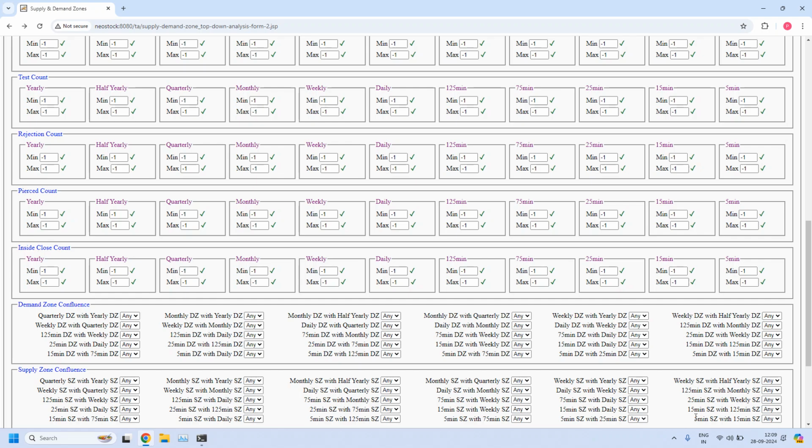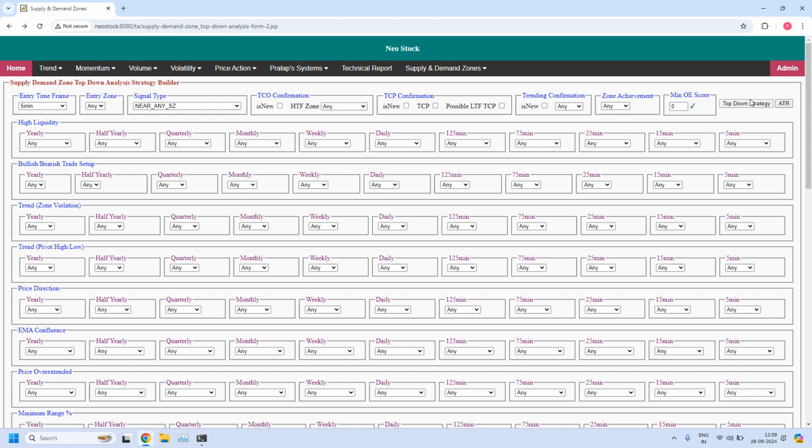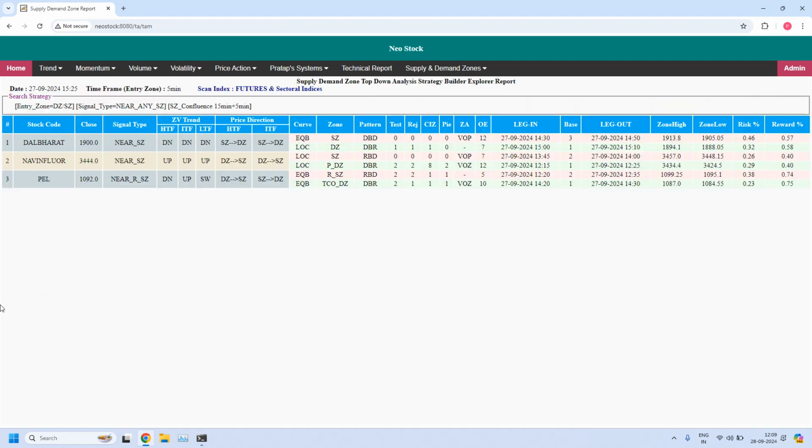So here I am enabling the filter 5 minute supply zone with 15 minute supply zone confluence. That is ITF confluence. 3 stocks are filtered. Okay, this is about stocks near demand and supply zones.